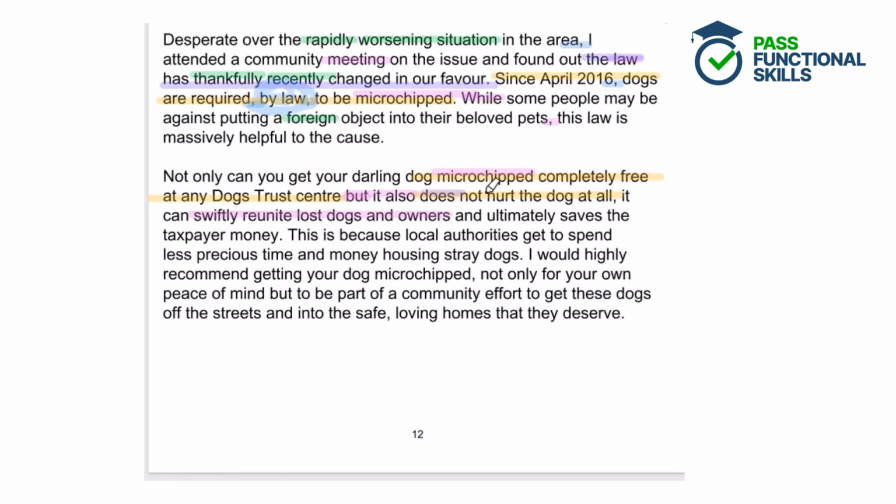Because it doesn't hurt the dog, it can reunite people with their dogs quickly, and it saves money. So all of these positive facts have been used to persuade the reader. And we've also got phrases like "I would highly recommend", to try and persuade the reader to agree with their opinion. So overall, it's really well suited to the purpose.